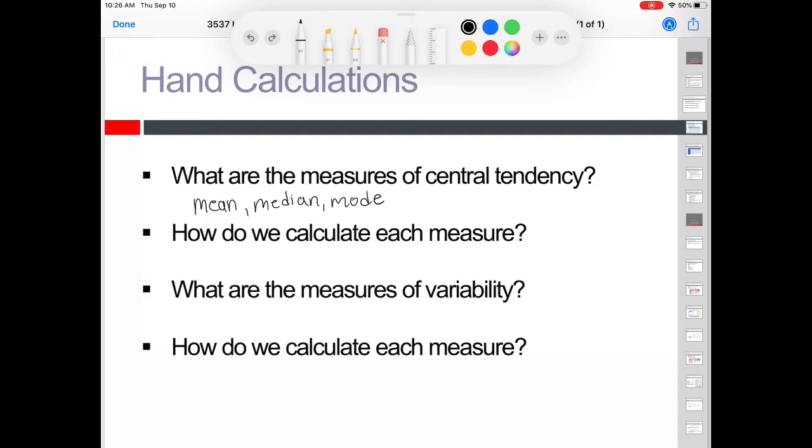Our median is going to be the middle number. And our mean is calculated by the sum of each individual data point divided by the number of data points, notated by X bar.